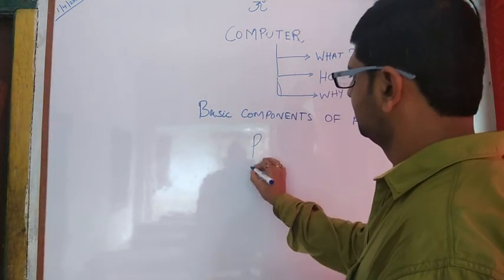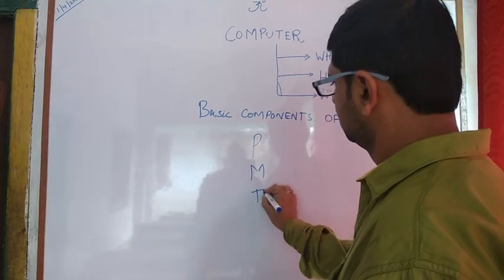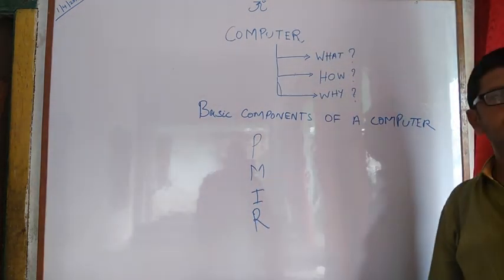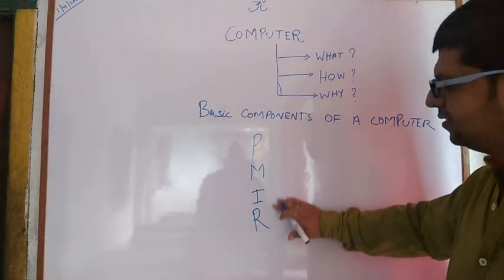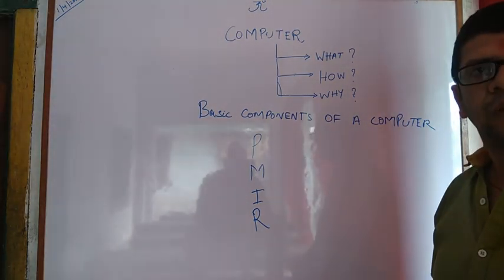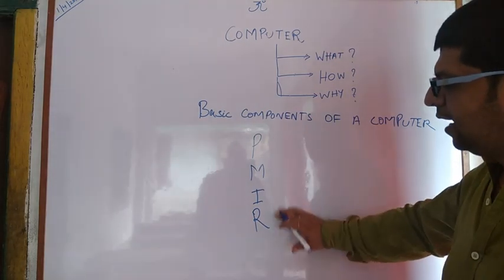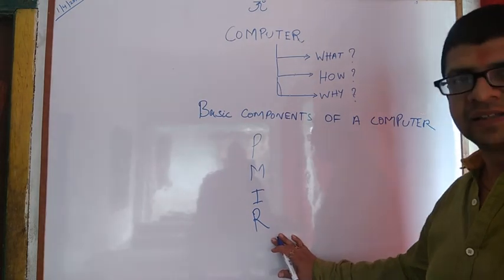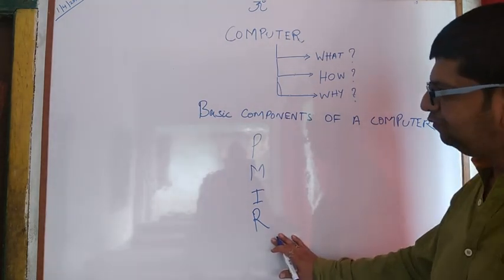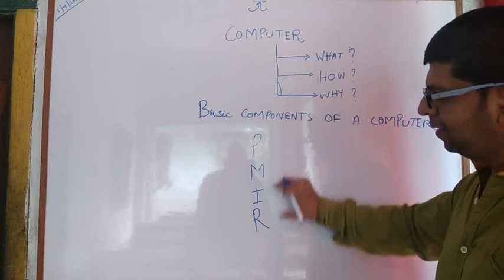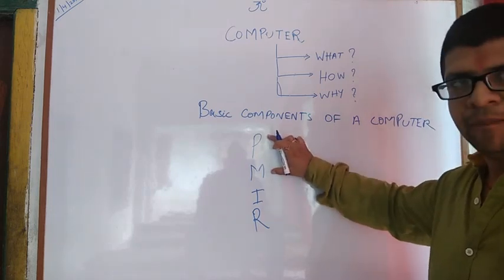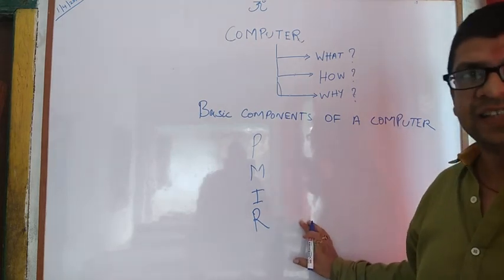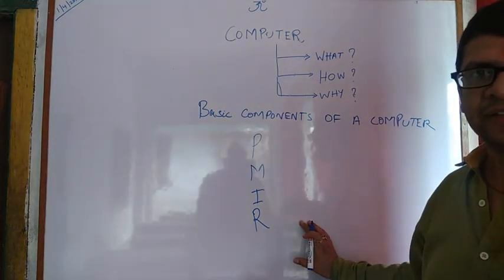See, PMIR, what I have written is, now can you tell what PMIR stands for? You may think, but let us see if we can remember this PMIR. If we say PM or Prime Minister and IR Indian Railways, it's a very easy trick to remember all the parts of a computer. Let's see what they are.